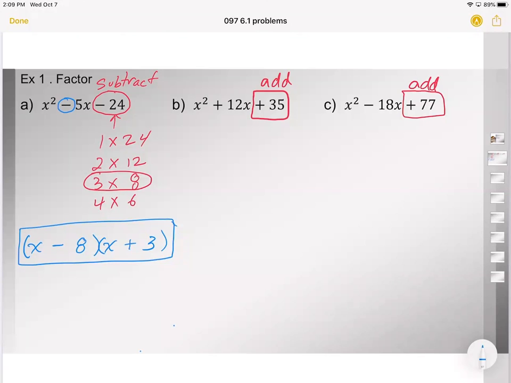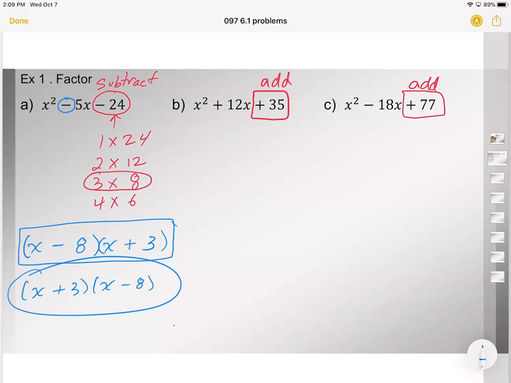This answer and this answer are exactly the same. The order of the parentheses does not matter. If you put x minus 8 in front of x plus 3, the order doesn't matter. What matters is what's inside the parentheses. Do not change it to x minus 3 and x plus 8, because that sequence will be wrong.